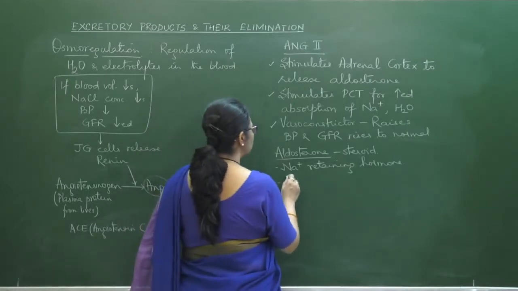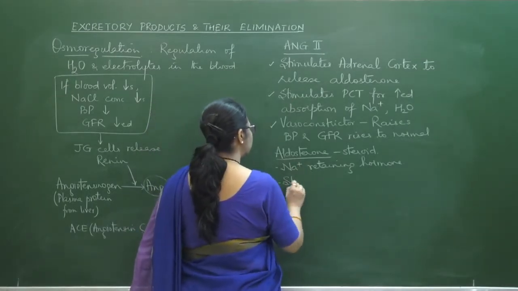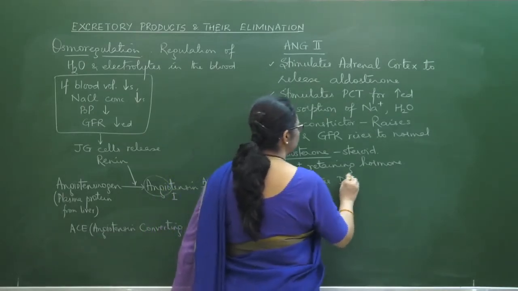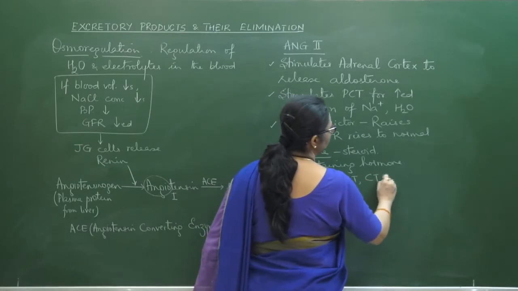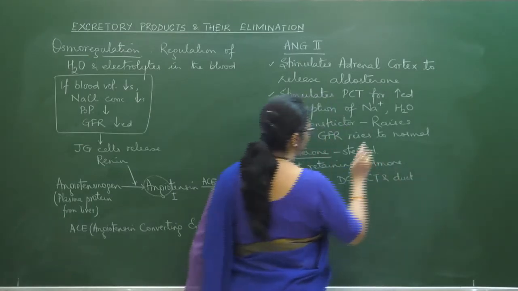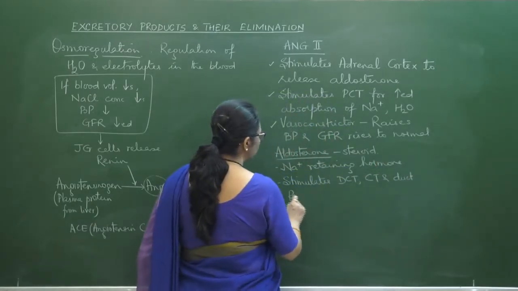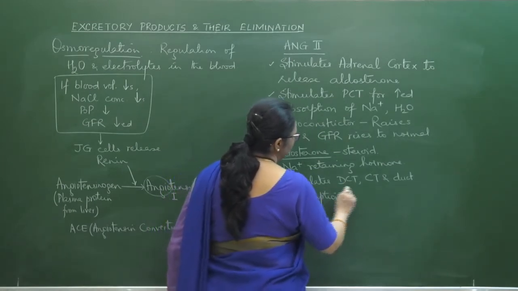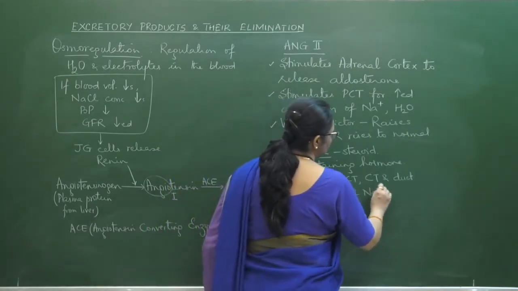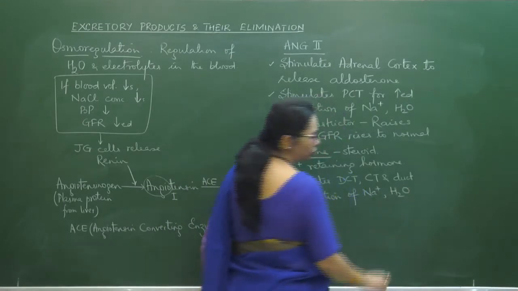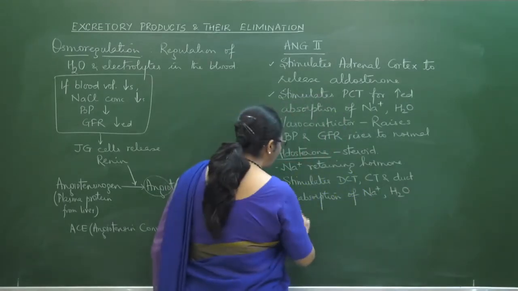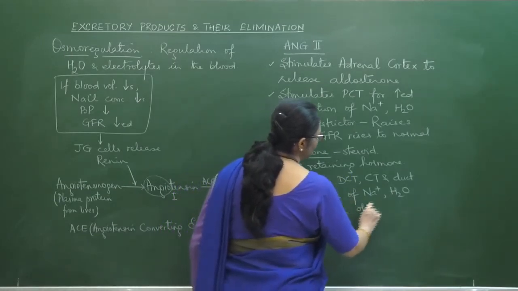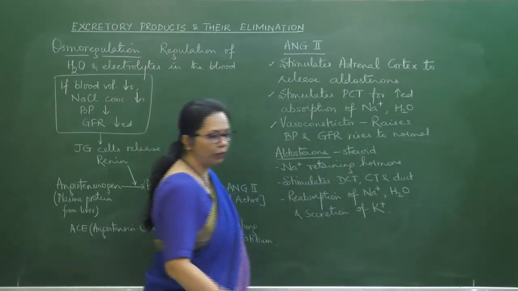So this one stimulates DCT, collecting tubule and collecting duct, so that there is reabsorption of sodium, and with sodium there is passive absorption of water as well. And one more thing is happening because of it, there is secretion of K. So that completes the role.